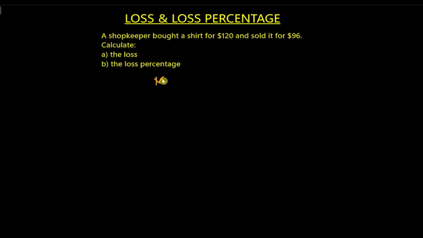In the second method, let's list out what you have. For the first one, this 120 is the cost price, so the cost price is $120. Now this cost price in terms of money is 120, but what is this in terms of percentage? In terms of percentage, always it is 100%.